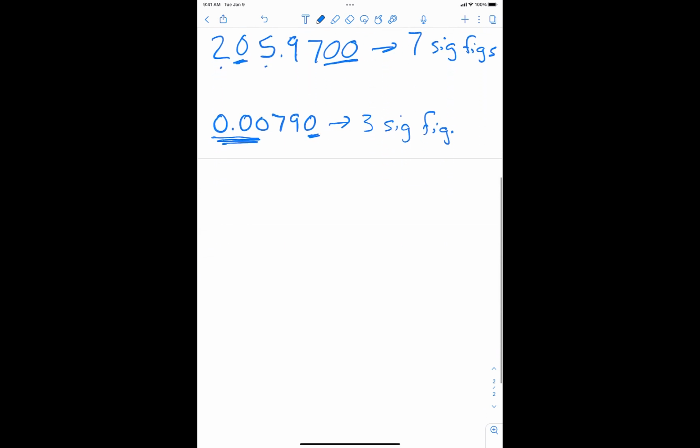Let's see. If I want to look at 76,000, these zeros right here are trailing zeros before the decimal place, and those are not significant, and so this would have 2 significant figures.